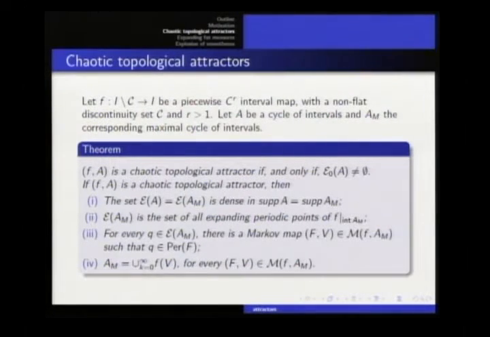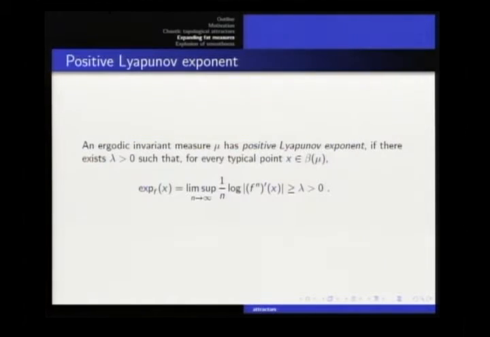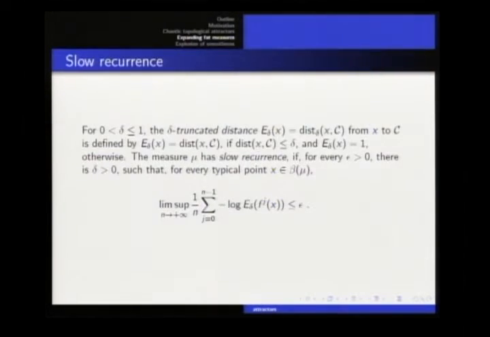So after we got this result, we could keep going. Now discussing the measures, the ergodic measures, as everyone knows here. An ergodic invariant measure has a positive Lyapunov exponent if it expands almost everywhere with respect to the basin of that measure. It has slow recurrence if it doesn't get too close to the critical set.